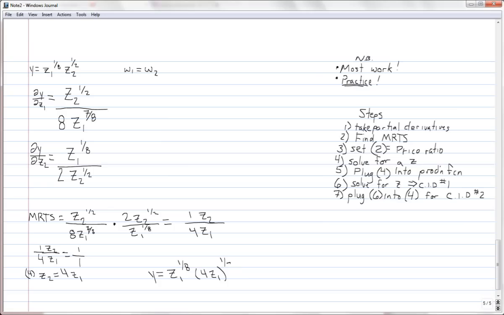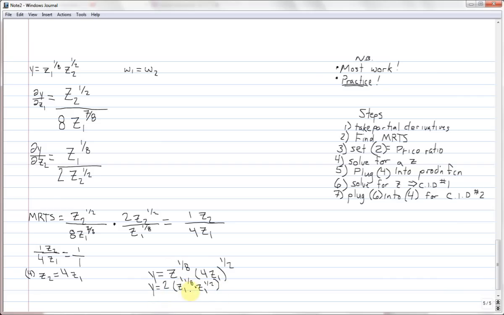And remember that those are both raised to the same exponent, right? So I can't just put the 4 times Z1 to the 1/2. That doesn't work, okay? But what I can do is I can take this 4 out of here by taking the square root of it. That becomes 2. I have Z1 to the 1/8, Z1 to the 1/2, and those are multiplied. And I'm sorry if that 1 is confused with that 1/8. Just going to have to deal with it.